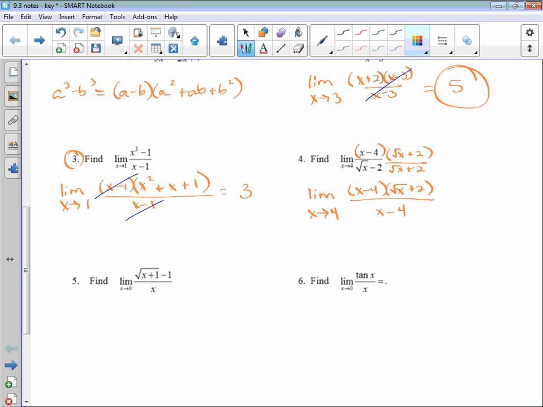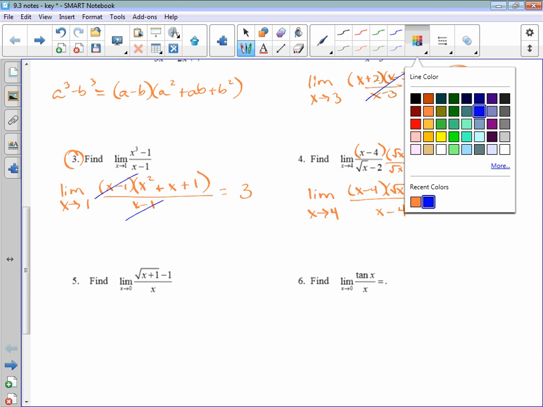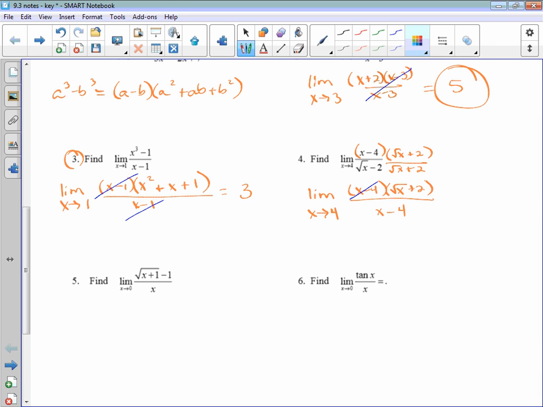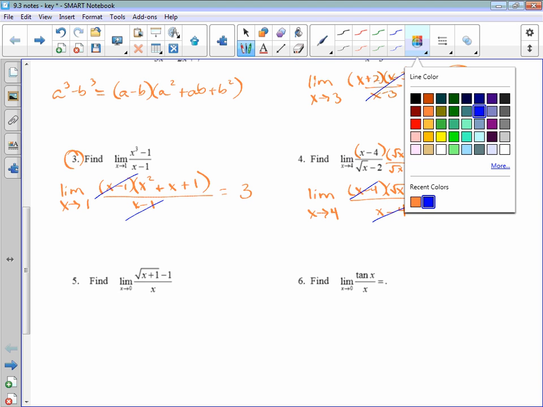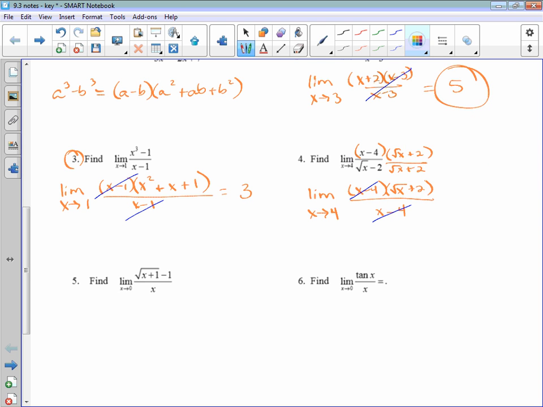I see. Plus 2 root x minus 2 root x gone. Okay. And then, yes, we can get rid of our x minus 4. Do you see how if you multiplied that numerator, you'd have a big old mess that you couldn't cross anything out? Okay. Then, plug it in. What do we get? Okay. So far, so good.